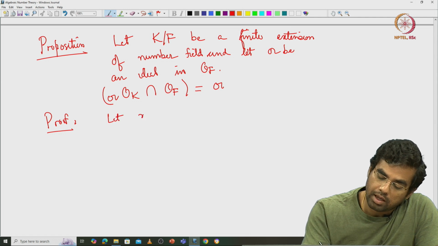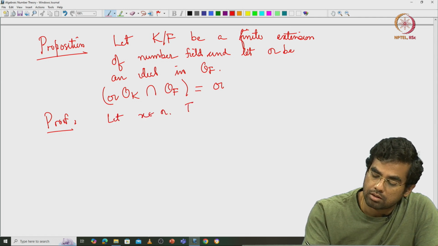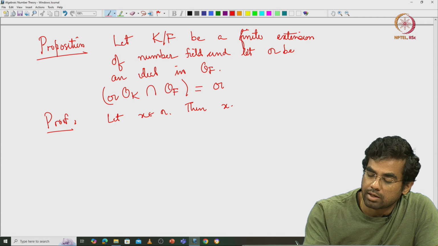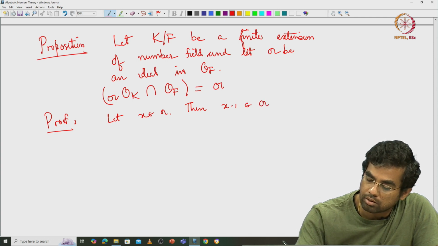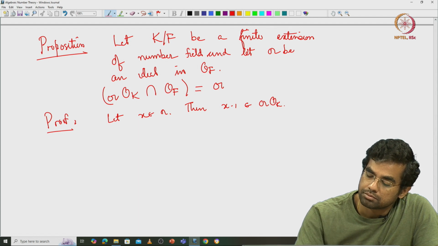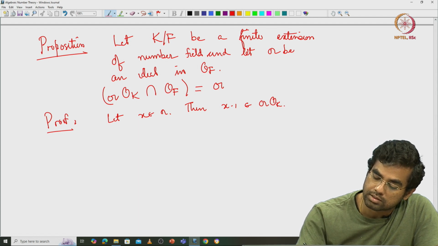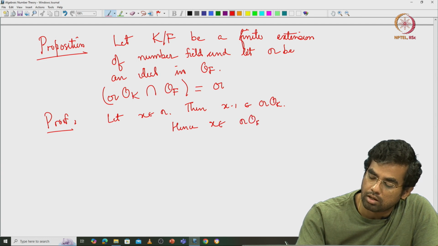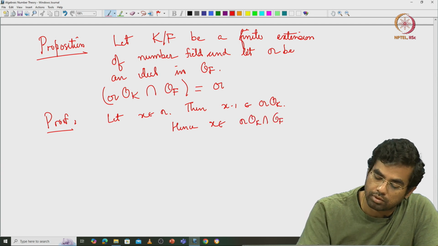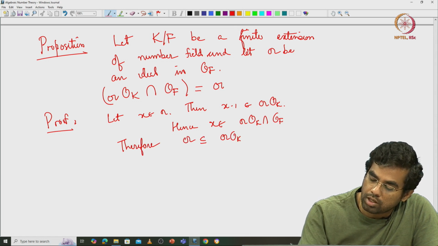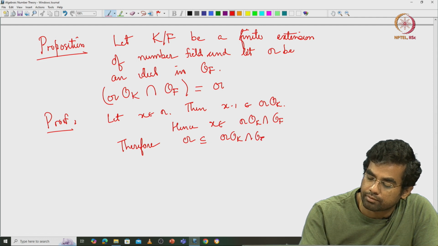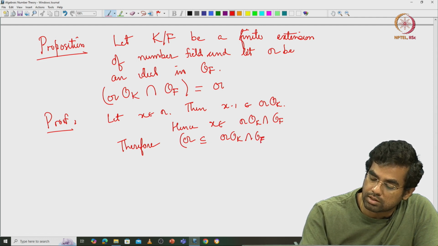So, let x belong to A, then x times 1 belongs to A O_K, right, and hence x belongs to A O_K intersected with O_F. Okay. Therefore, A is contained in A O_K intersected with O_F. Okay. So, this is the easier inclusion.